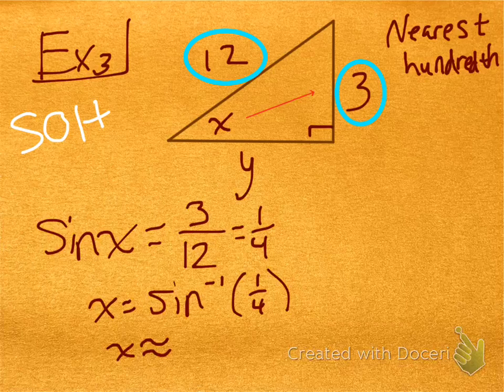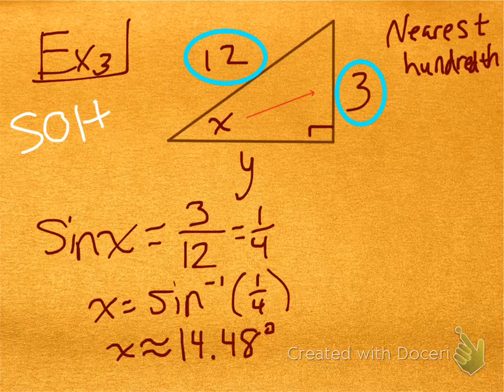When you type this in your calculator, you get 14.477512185593, and so on. Just round to the nearest hundredth: 14.48. 14.48 what? Degrees.